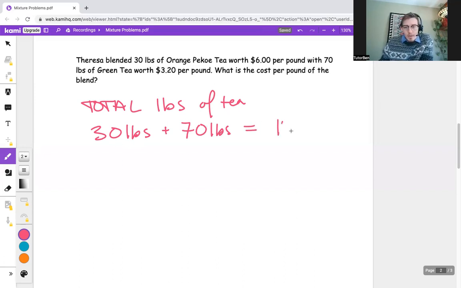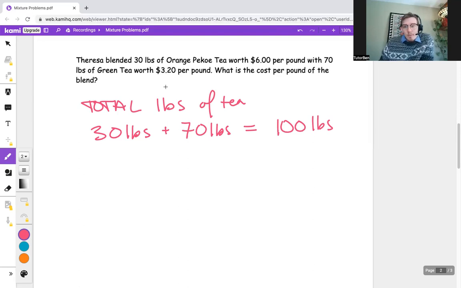So together, this is going to be 100 pounds. I always like seeing numbers like 100 because they're easy to work with, especially when talking about percents or prices. So this is the total pounds, but what we're interested in is the cost per pound of the blend.